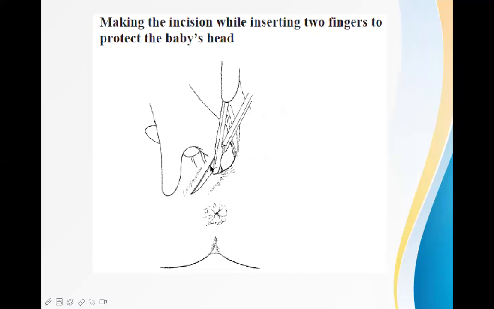Now see this? This is how we are cutting it. Prevent the accidental cut on the baby's head or baby's organ. Put two of your fingers there and protect the baby from the scalpel or the scissor. Rather than scalpel, we use episiotomy scissor here.